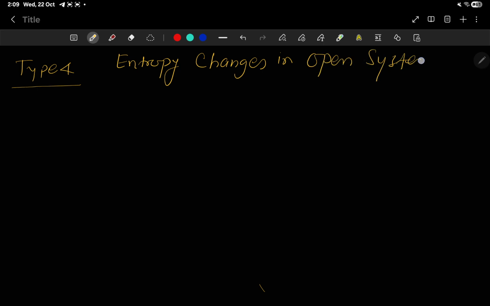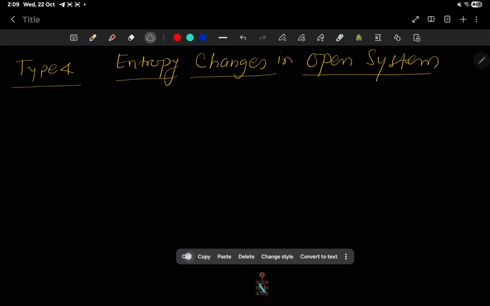Type 4, this is entropy changes in open system. अच्छा यहाँ पे क्या होगा?